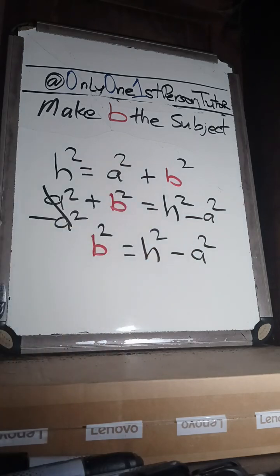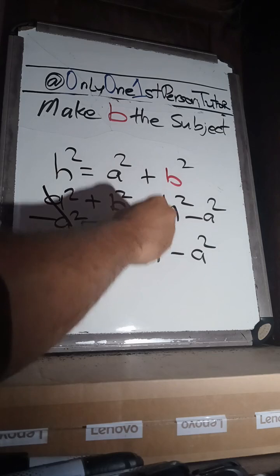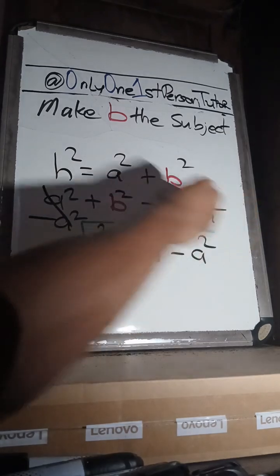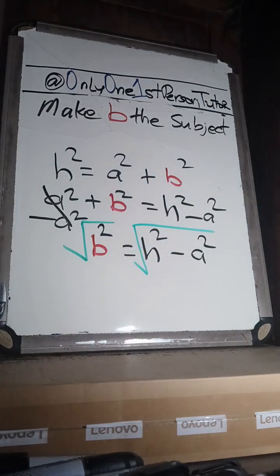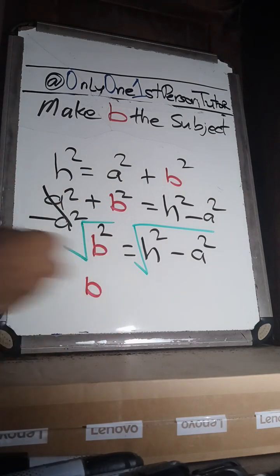So then now I want just the letter B. I square root the left, square root the right. So now on the left I have just B.